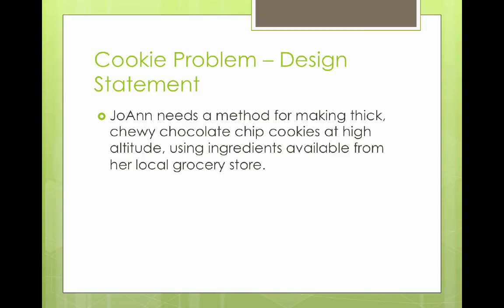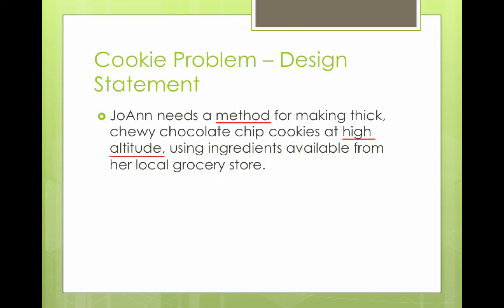So for our example problem, the design statement that we'll choose is: Joanne needs a method for making thick, chewy chocolate chip cookies at high altitude using ingredients available from her local grocery store. So the method part is what focuses our design. We're going to focus on designing a method rather than a new oven or new bakeware or new ways of getting ingredients.